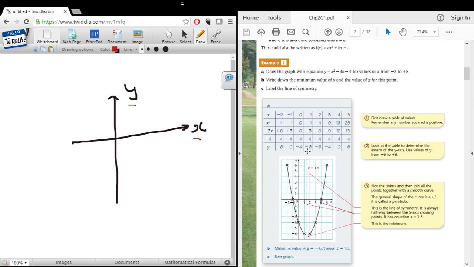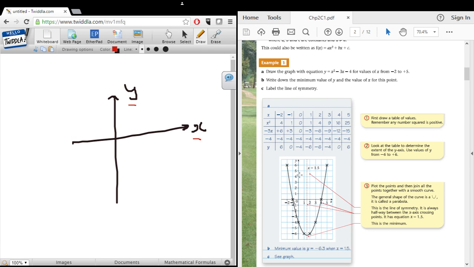And then it asks you in part b to write down the minimum value of y and the value of x for this point. So we can see here that the minimum value is this point. Now in this particular question, the minimum value is not a whole number, it's a decimal, which they've given you here.